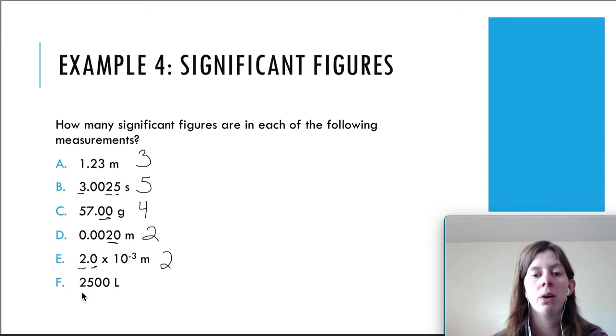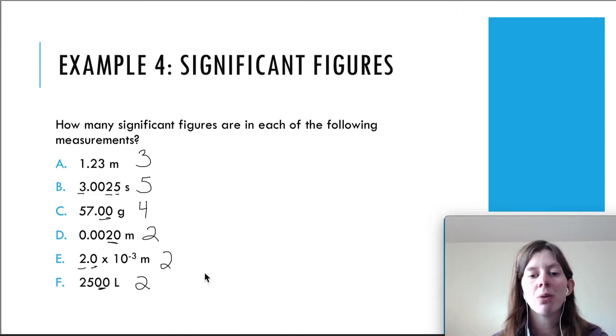And finally, example F here only has 2 sig figs as well. These zeros are not after a decimal place, they're not between other sig figs, so they're not significant. So you might be wondering, if I have these zeros here or if I don't have them, that makes a big difference in my number. But that's not what sig figs is all about, because sig figs tell you more about the precision of your measurement.